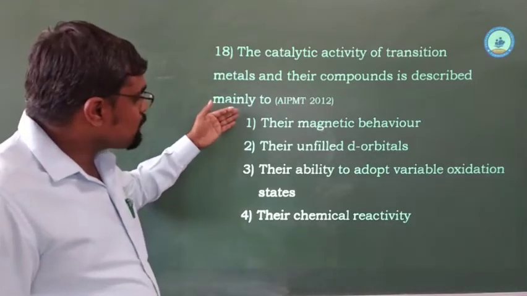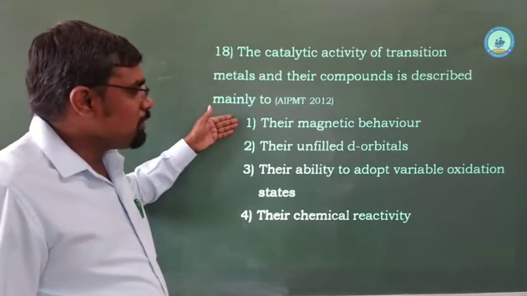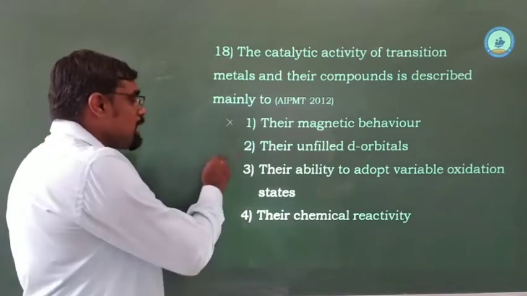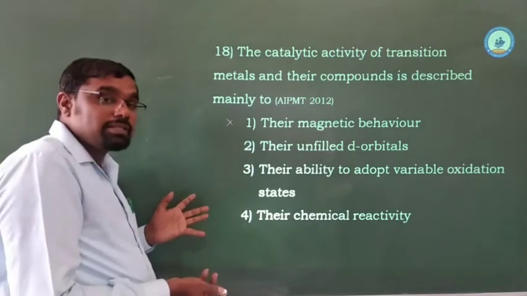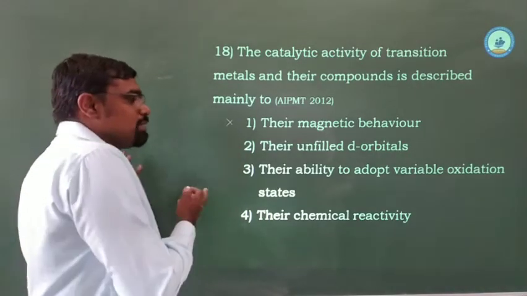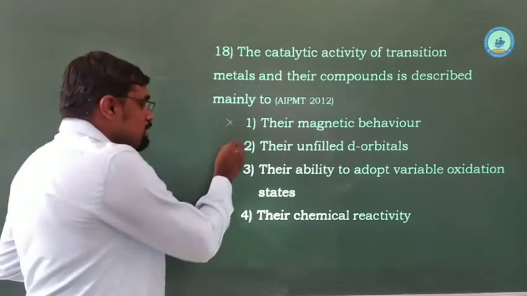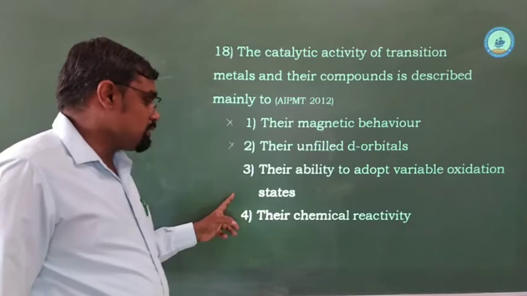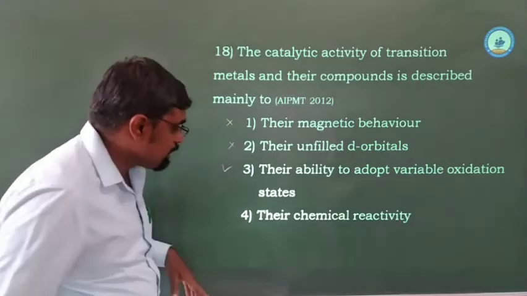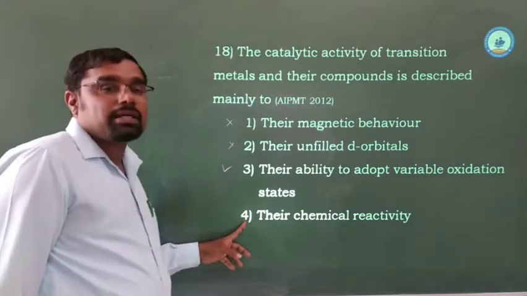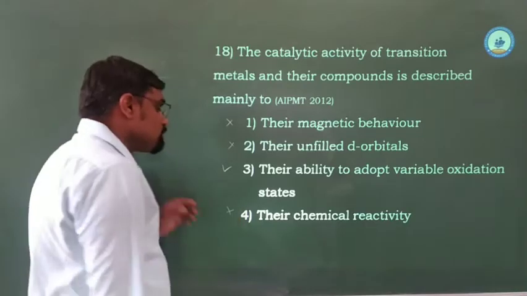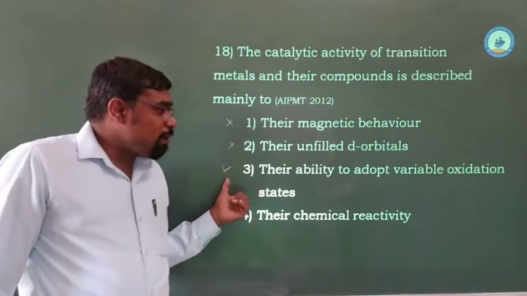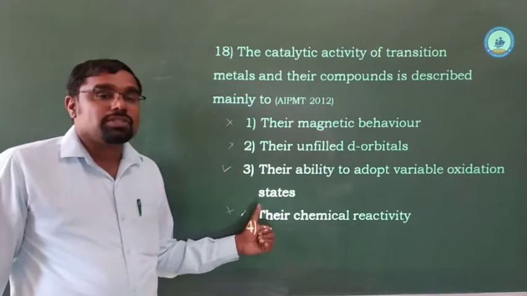Here the options are given: their magnetic behavior, their unfilled d orbitals, which is related but not the exact answer, their ability to adopt variable oxidation states, and their chemical reactivity, not. So the catalytic activity is because of their variable oxidation states.